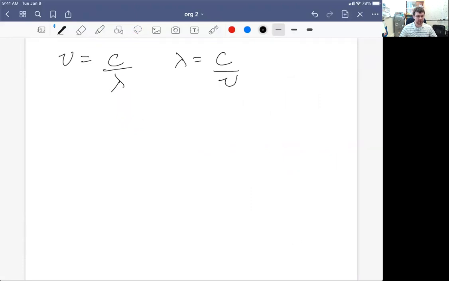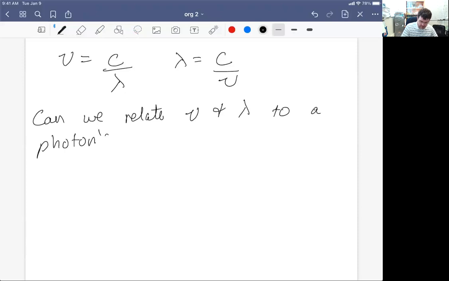But what tends to be pretty useful in this course is to relate nu and lambda to a photon's energy. Why am I introducing the idea of energy?